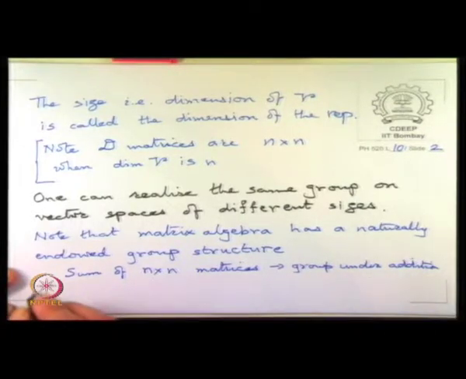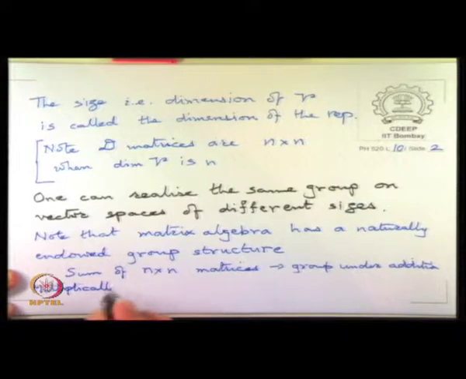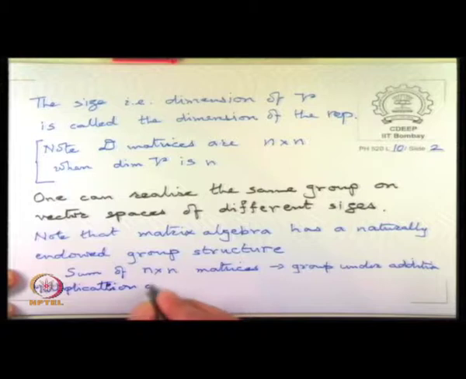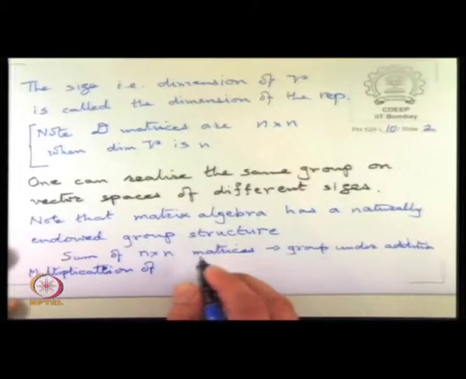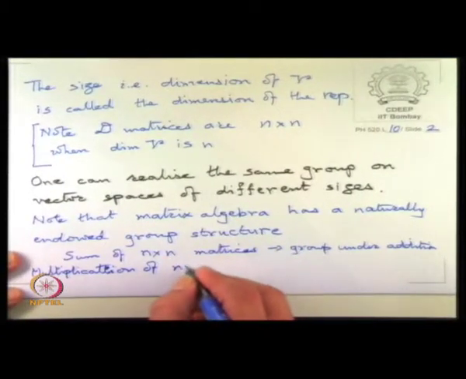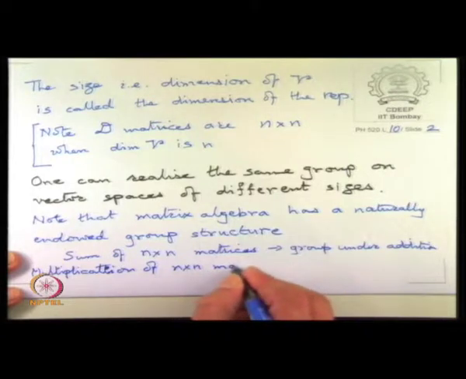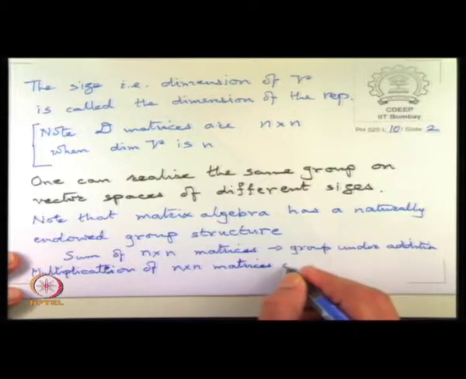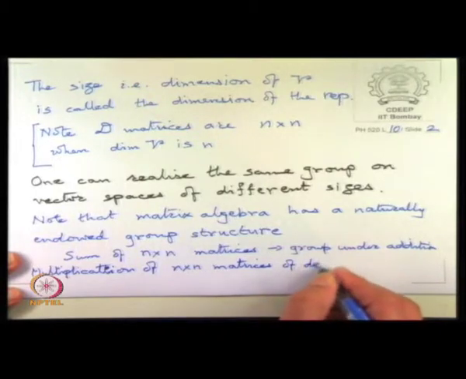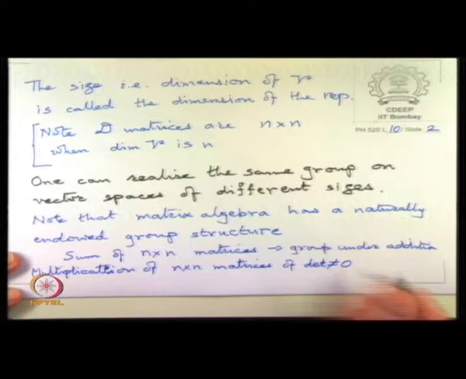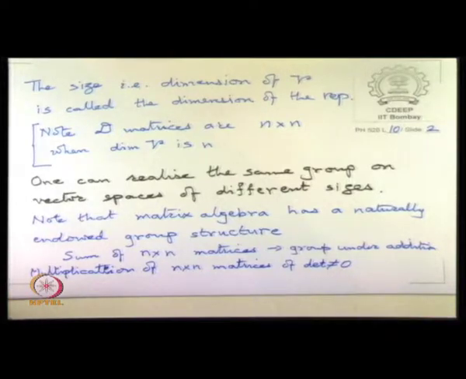but what we will be using is multiplication of n by n matrices which are invertible, of determinant not equal to 0. Okay. So these are the two different types.